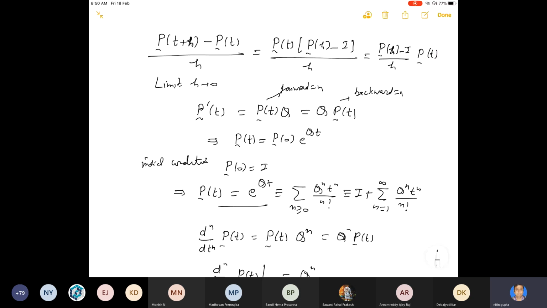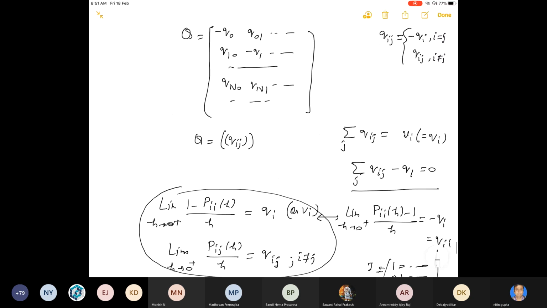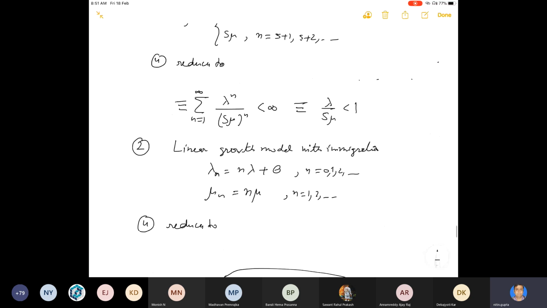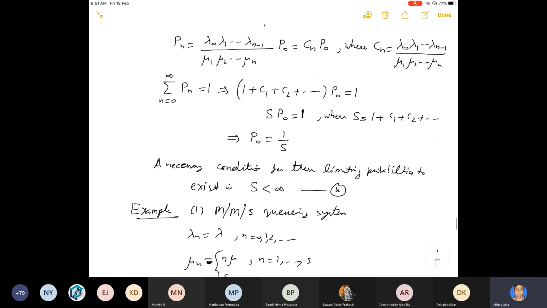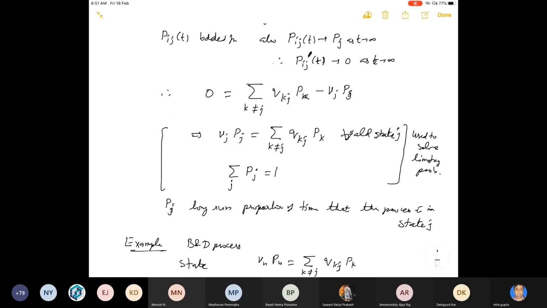As t goes to infinity, P prime(t) goes to 0, so pi Q is equal to 0, because that is the answer. So limiting probabilities in that fashion you can find out also. In the case of generator, this will be pi Q is 0, where summation pi_j is 1. Okay, so that also you can use.